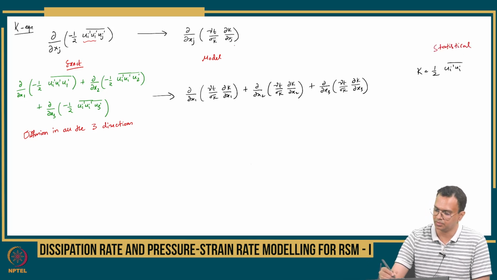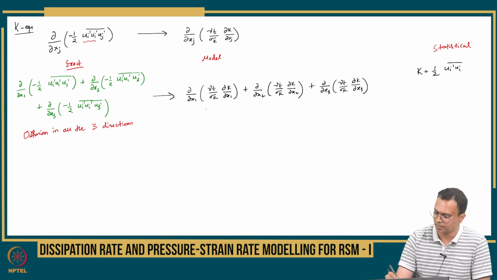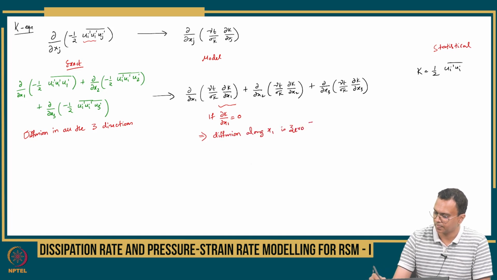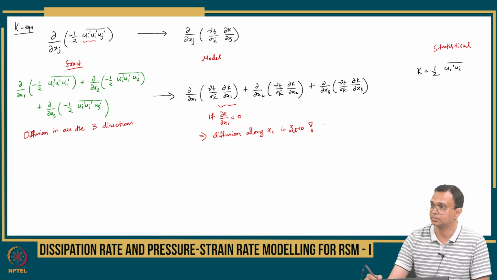Now what if the gradient is 0 along the x1 direction? If dou k by dou x1 is equal to 0, this implies diffusion along x1 is 0. This is according to the model.